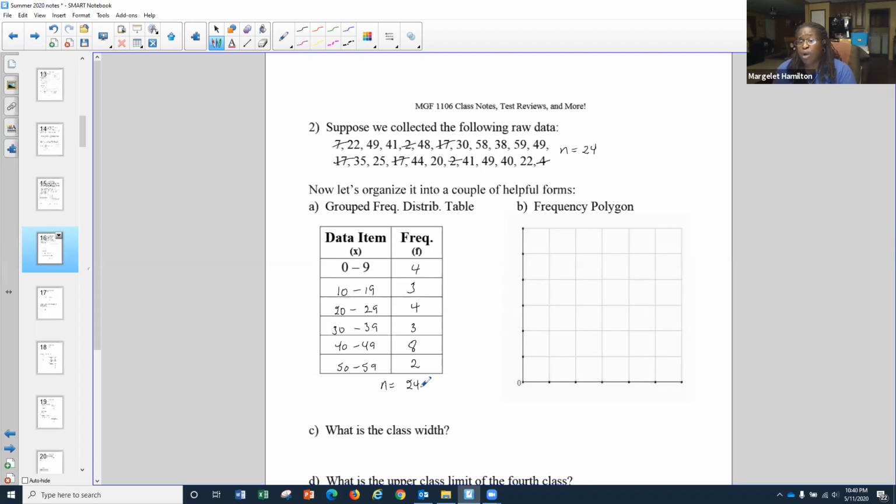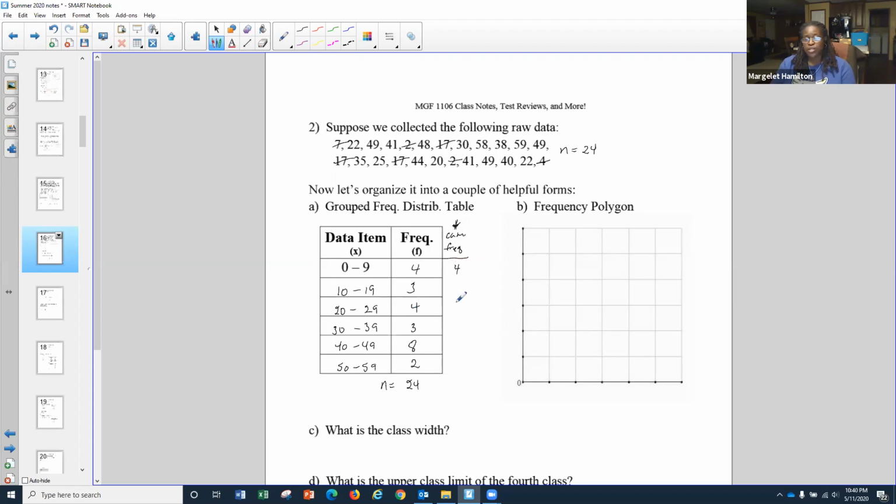So I'm going to create a new column right here. Cumulative frequency column. What they simply want you to do is we're going to simply add, okay? Here's how we're going to do it. The first row, when we add it, it's just going to be what it is.